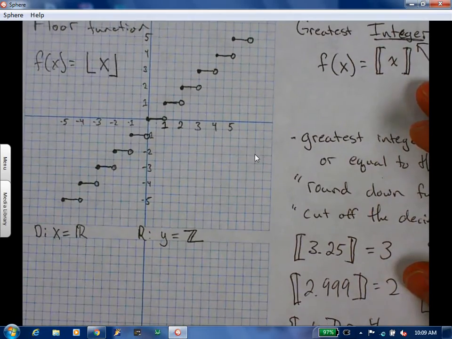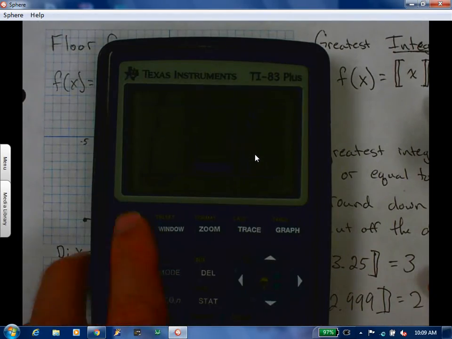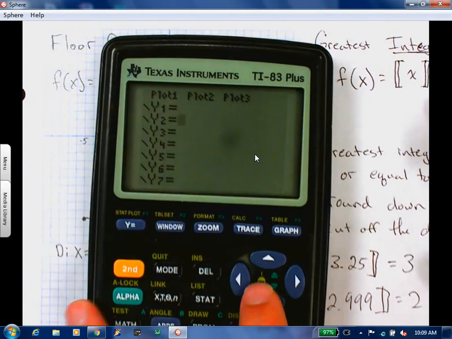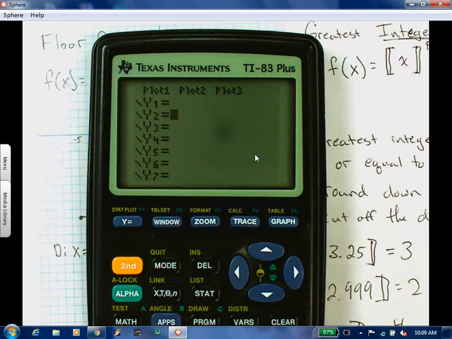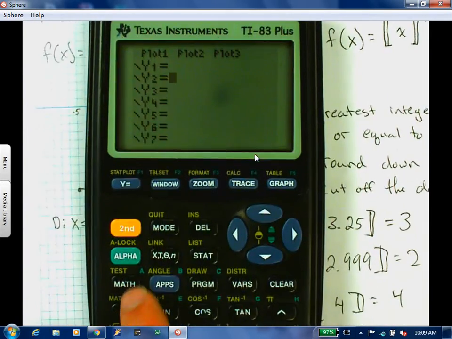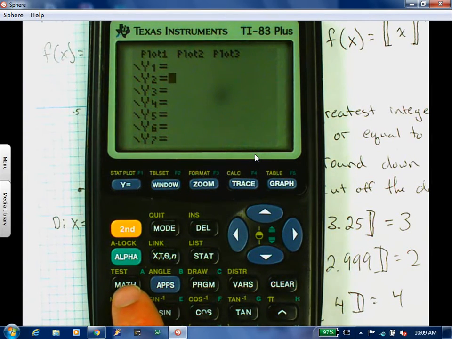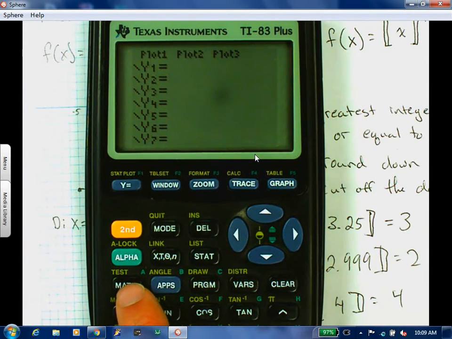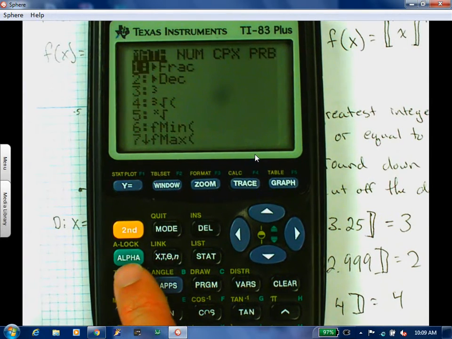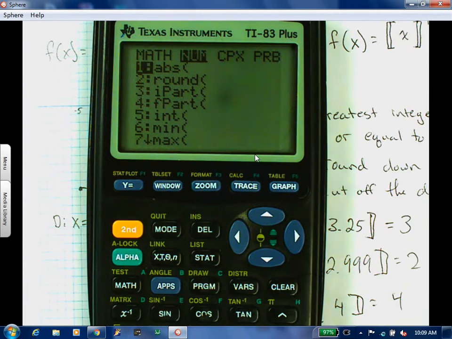On your calculator, to graph this, you're going to go back to the math menu where we found absolute value. So math menu, right arrow, and option 5, integer.